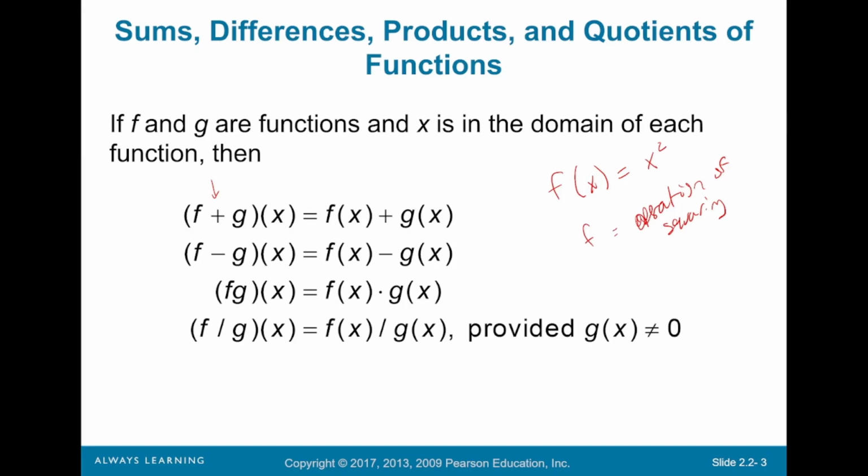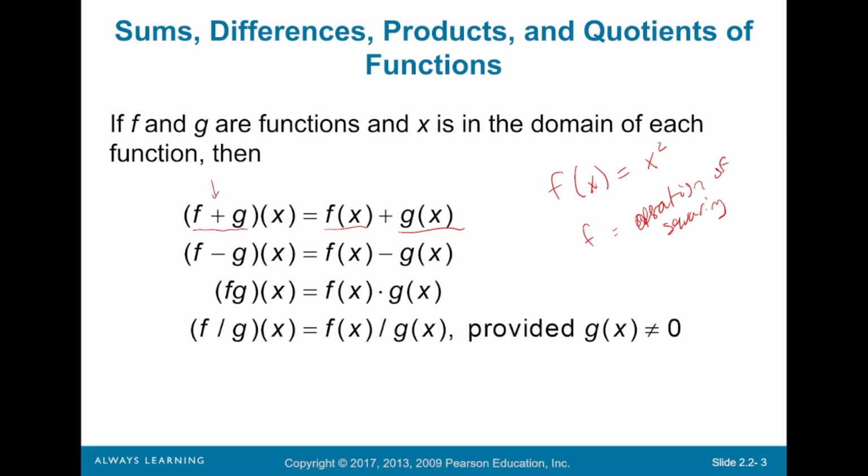So when we think about what we have on this left-hand side here, f plus g, it's almost thinking like, well, what happens if we add the operations of our functions? And it turns out that's the same thing as if we just take f and evaluate it at x, and we take g and evaluate it at x, and we take their sum.